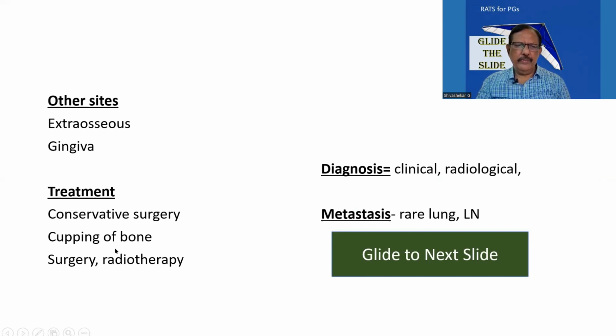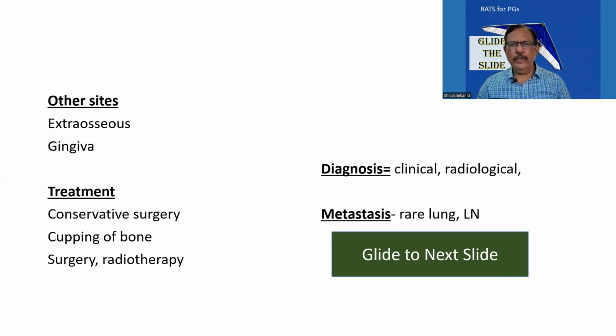Treatment is conservative surgery, curettage of the bone, surgery followed by radiotherapy. The diagnosis can be clinical, obviously, radiologic. Metastasis is quite rare, and the sites are the lung and the lymph nodes. I hope things are very clear in an ameloblastoma.